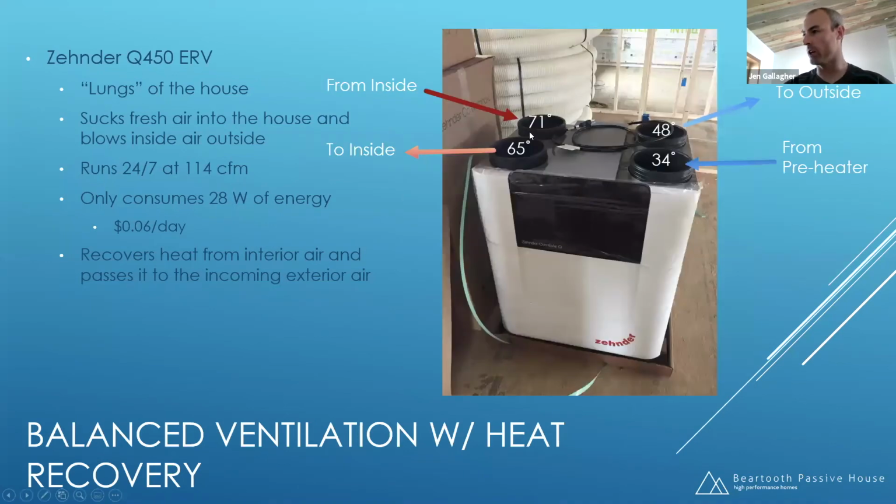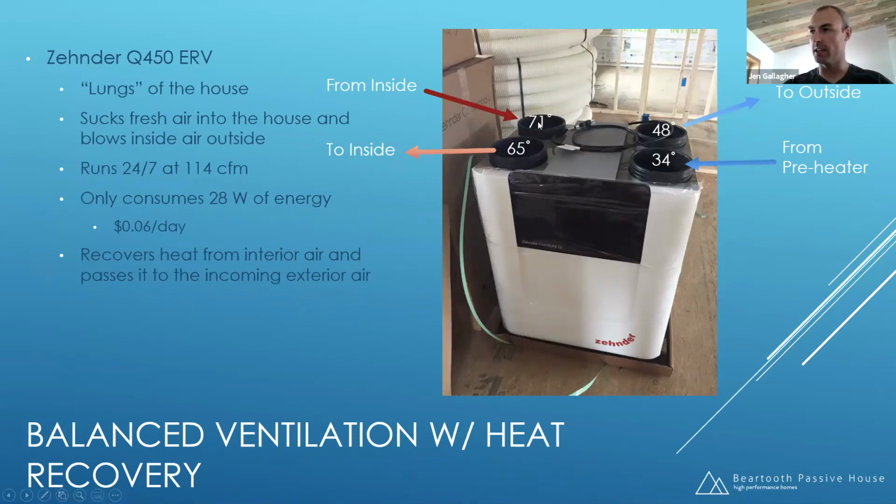So we've got 34-degree air. Now we're into the lungs. That 34-degree air comes into this port. This port right here is supplying air to the inside. Those are the supply ports that sit in each one of the bedrooms and down in the living room. The temperature of that air is 65 degrees. How do we go from 34 degrees to 65 degrees? Because we've got the other fan that's always sucking air out of the house, and inside the house it's 71 degrees.